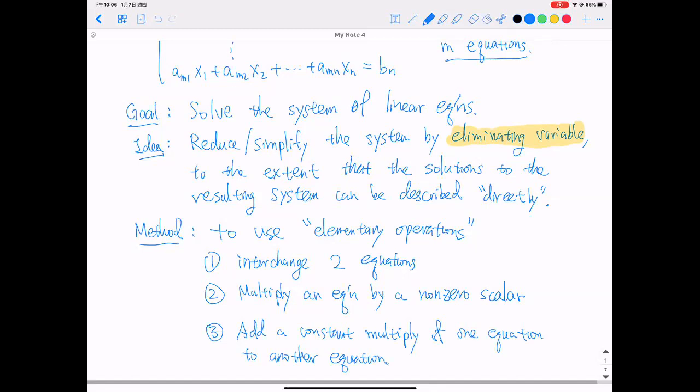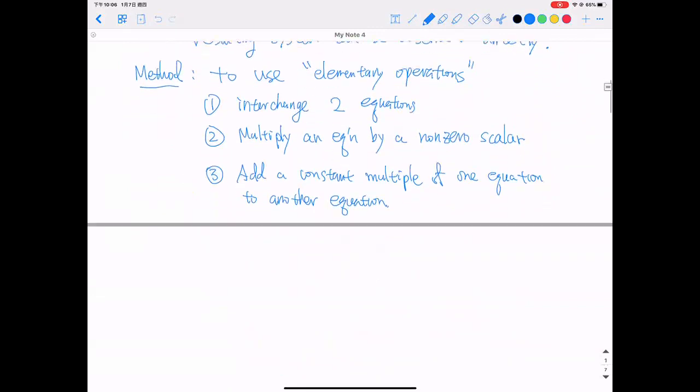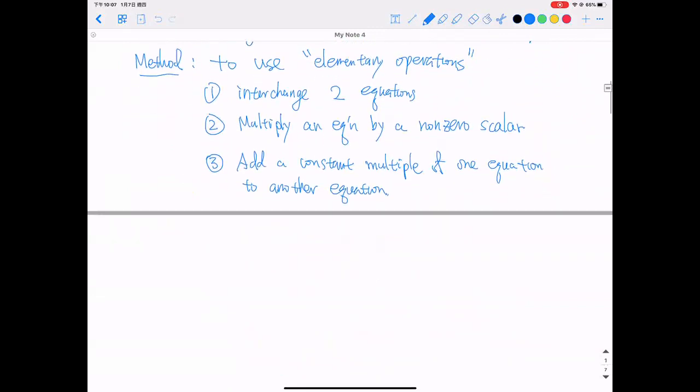Again, the meaning is just exactly what it says. You take one equation, multiply it by a number, and then add the resulting equation to another equation. We will see how this works in some examples.